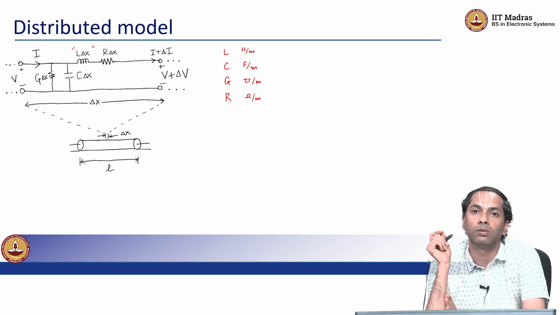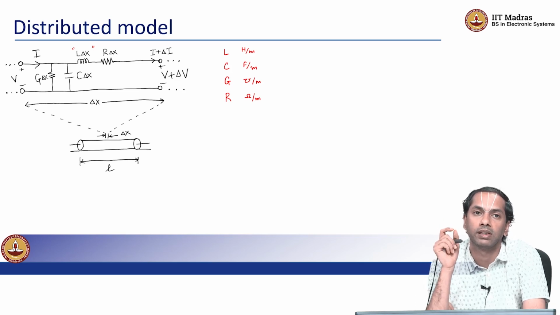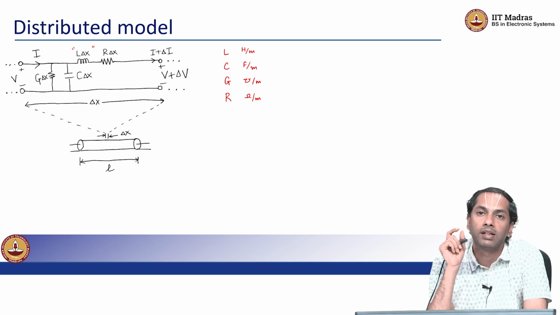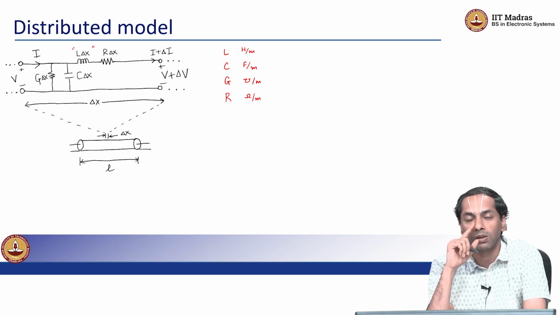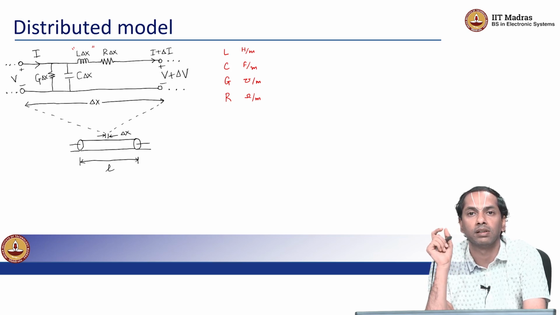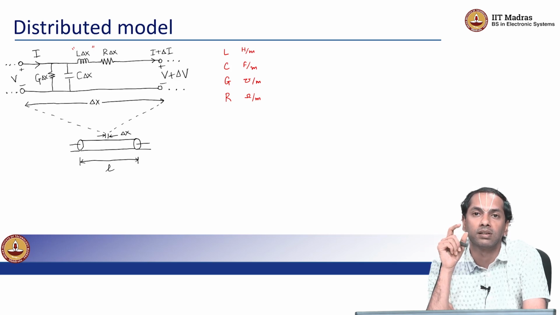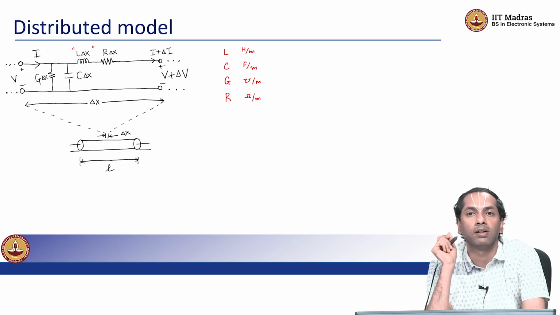Now I have to go back to my rule of thumb. This delta x needs to be sufficiently small compared to the wavelength. So L can be comparable to lambda, but delta x has to be much smaller than lambda. The rule of thumb said 1/10, so you could do something better than that. You can divvy up your length L into subsections that are all less than 1/10 of lambda, and you can substitute each of these sections with these ideal elements.